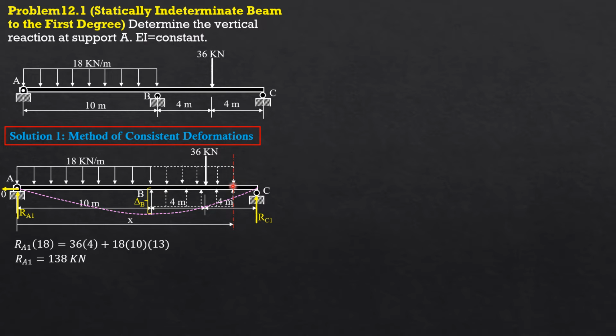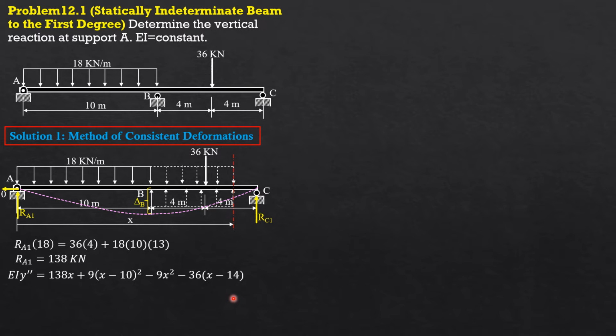So we then section this part and set up the equation of the elastic curve, the differential equation of the elastic curve. EI y double prime is equal to 138 times x plus 18 times quantity x minus 10 over 2, or 9 times (x minus 10) squared, minus 18 times x over 2, or minus 9x squared, then minus 36 times quantity x minus 14.